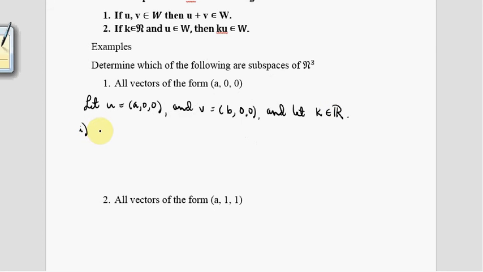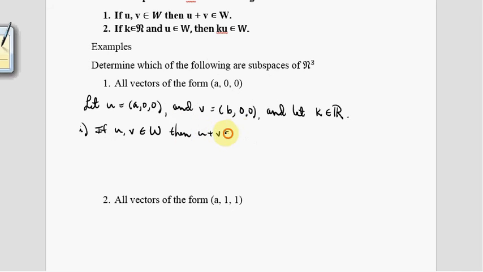First, we want to show that if U and V are in this subspace, which we call W, of the form of a 3-tuple where the first component is some number and the second and third components of the vector are 0, then this is what W is defined as.